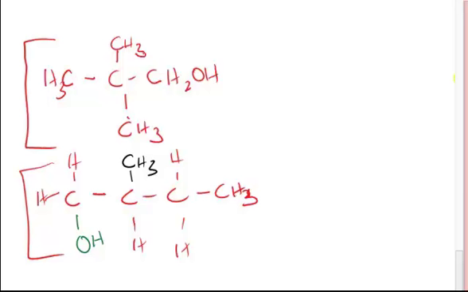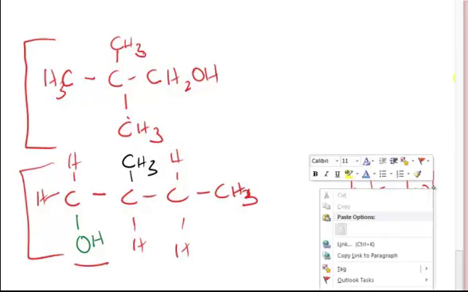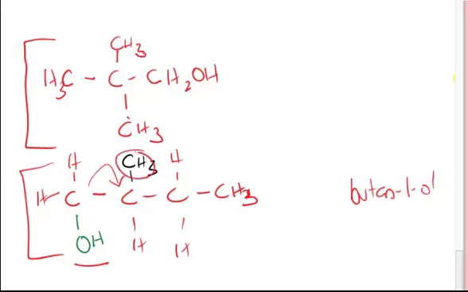out. So naming this one, for instance, the alcohol group's on the first one, and there's 4 of them, so it's butan-1-ol. And this methyl group here is on the second, so that's 2-methylbutan-1-ol. And here we've got 1, 2, 3.